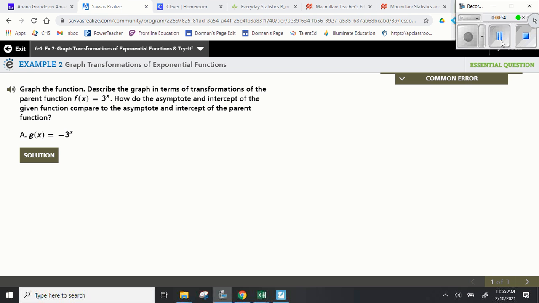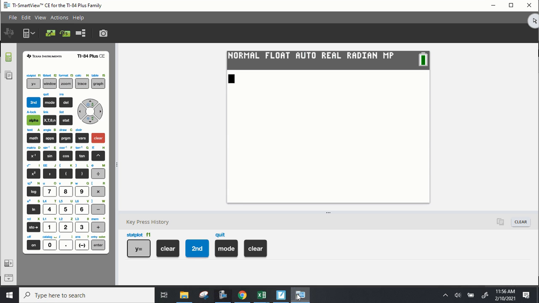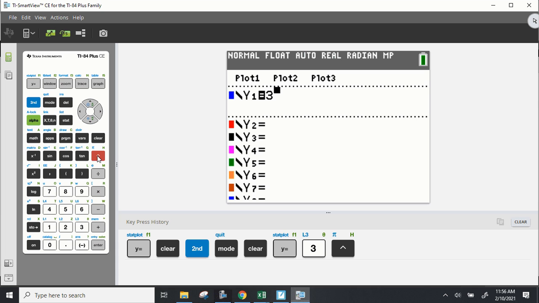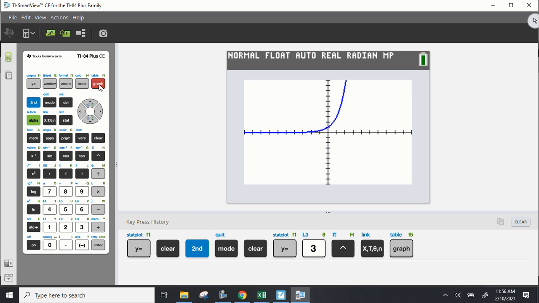So let's go ahead and get out that calculator. And we're going to graph 3 to the x power. So this is 3 raised to the x power. Graph. And what we're going to notice about this is that there is an asymptote here.